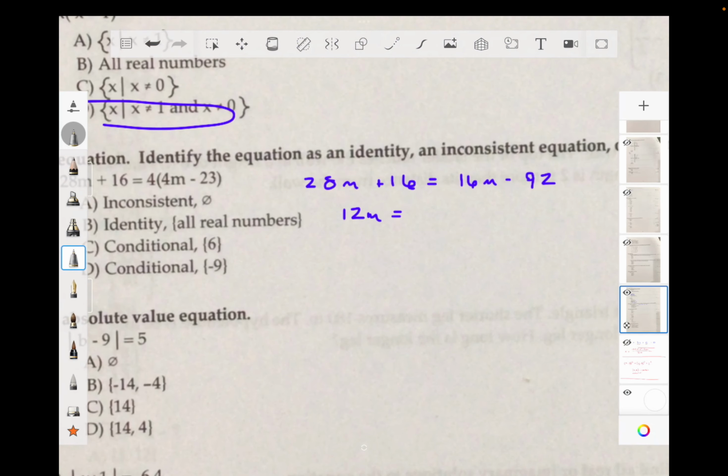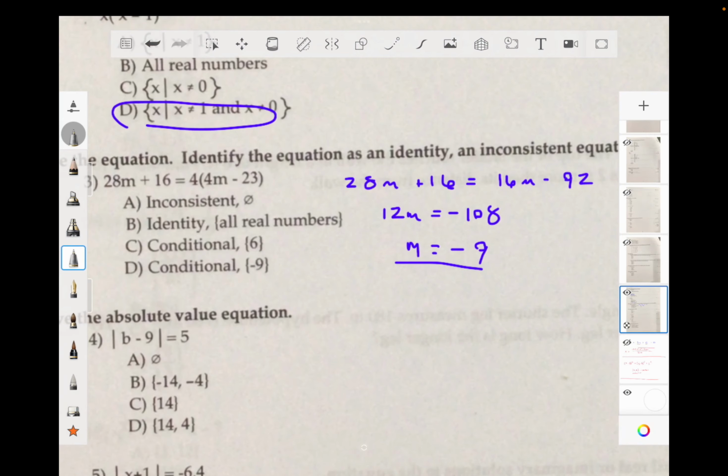Negative 92 minus 16 is negative 108. Negative 108 divided by 12 is negative 9. So there's only one solution where this equation holds true, and that's negative 9. So therefore, it is conditional.